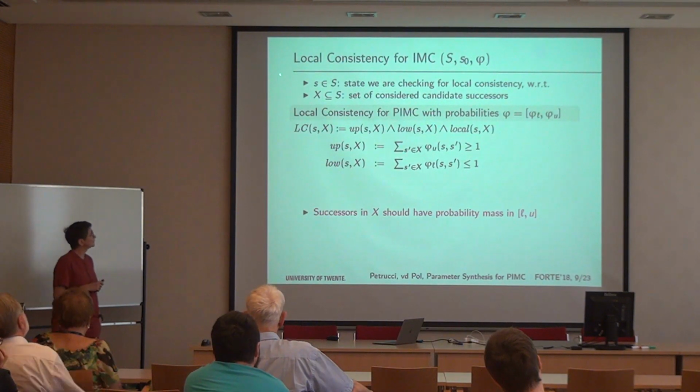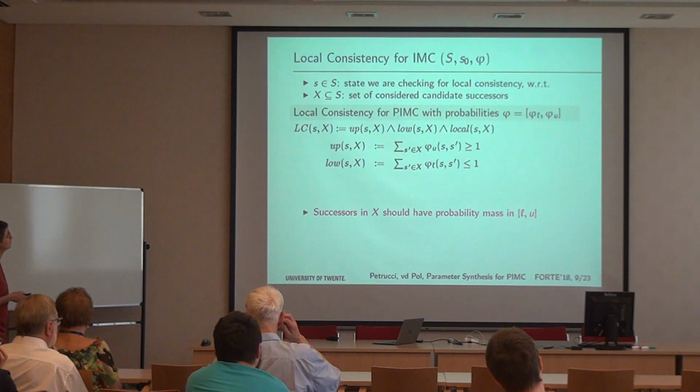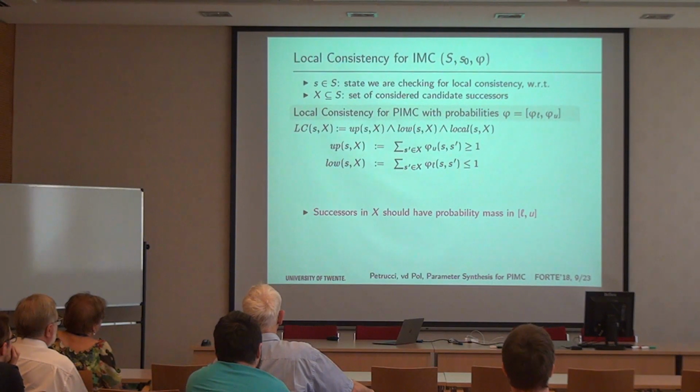So the first part is local consistency with some probabilities, probability intervals, lower probability, upper probability. So in the local consistency we have several parts. First, the sum of upper bounds should be greater than 1.